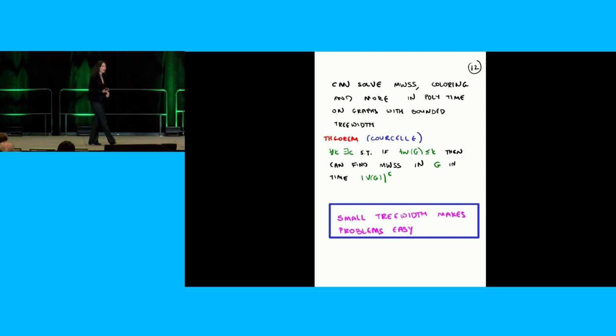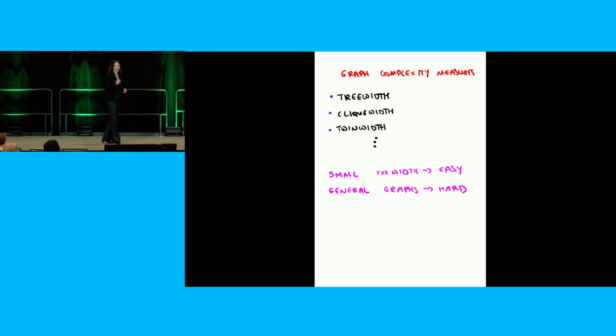Remember, it all started with, we know max weight stable set is hard, but here and here and here are graphs where it's easy. So what is it that makes it easy? Well, for example, Courcelle's theorem makes it easy. If you have small tree width, you can solve the problem easily. Okay, so now I promised you that I would tell you what makes the problem hard, but I lied. I'm going to tell you what made the problem easy.